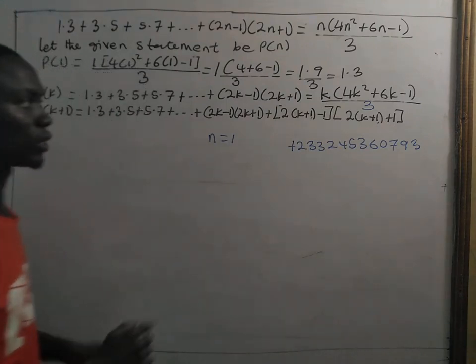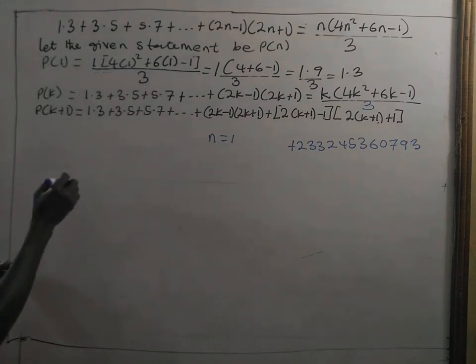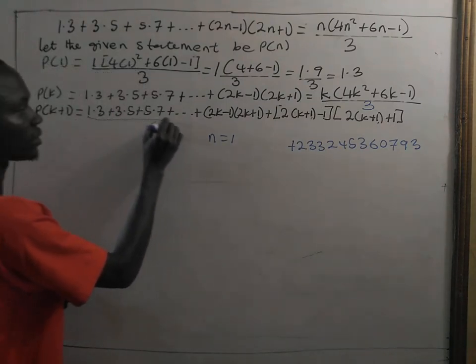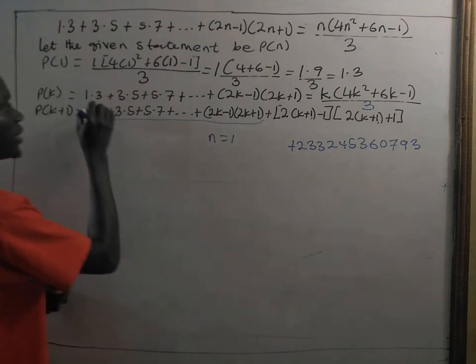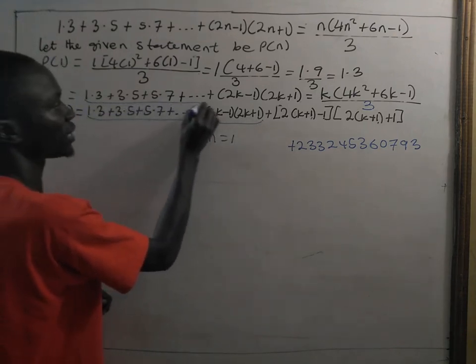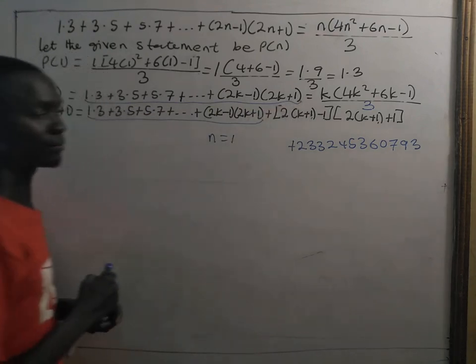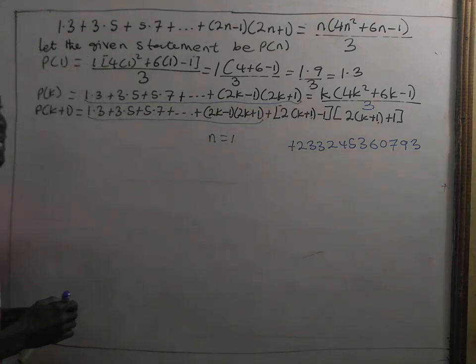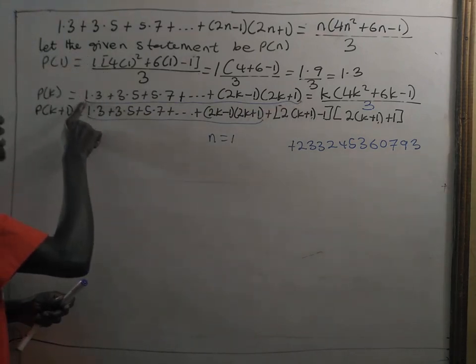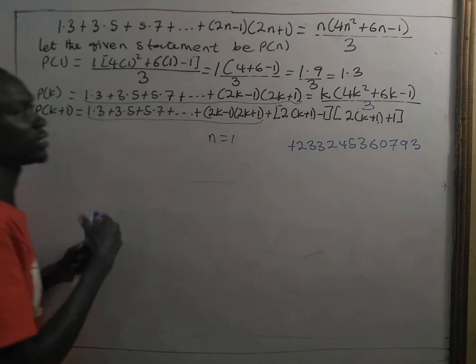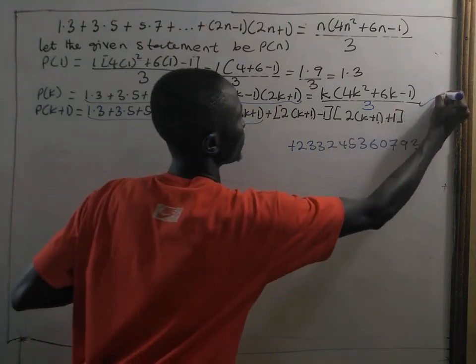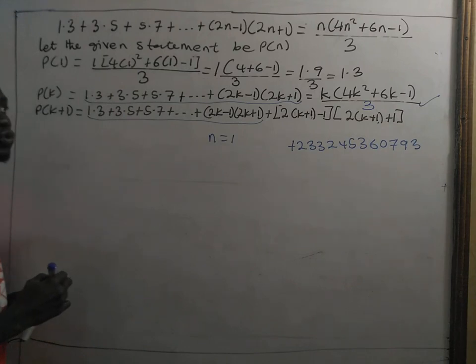Now, let's look at something. You see that this part is exactly what we have here. That is P(k), right? And if we sum from 1 times 3 up to k, we are going to get what we have here: k times (4k squared plus 6k minus 1), all divided by 3.